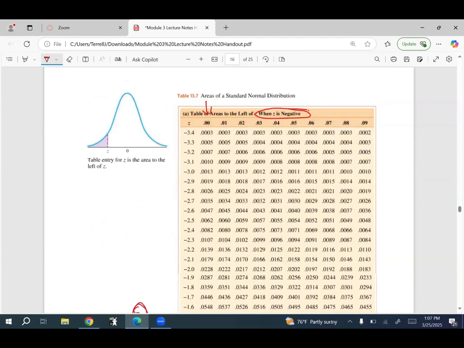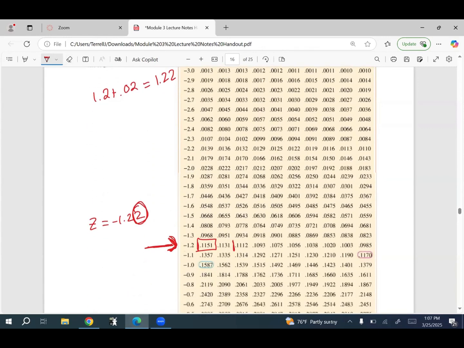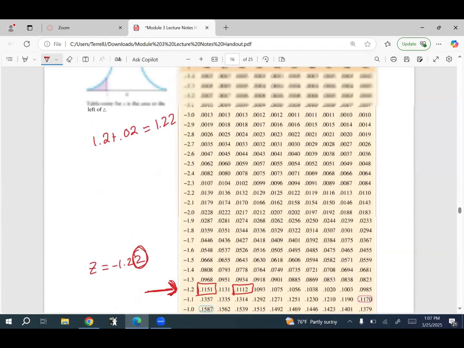Let me erase the rest of these. Look right here at the 0.02, because 1.2 plus 0.02 gives me 1.22. And so that would be this value, 0.112.